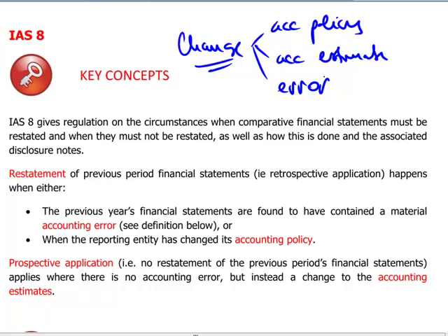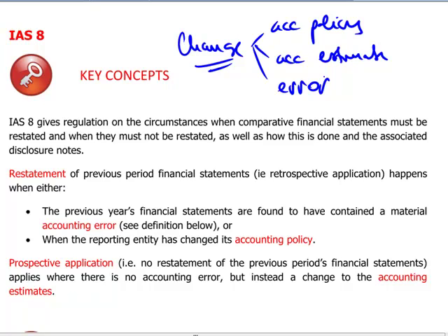Now, this accounting policy should be applied consistently from one year to another if we want the information presented in financial statements to actually be relevant to our users. There may be reasons where we are forced during the existence of a company to change the accounting policy. And IAS 8 recognizes two such instances.